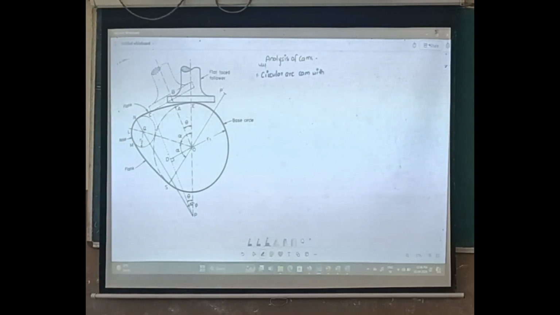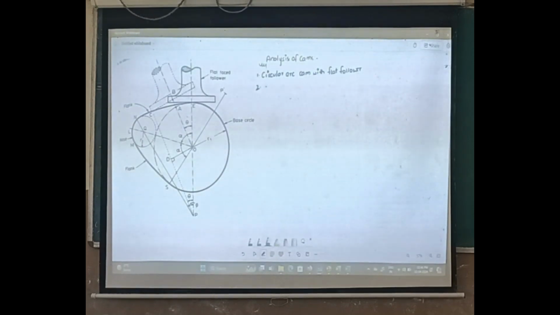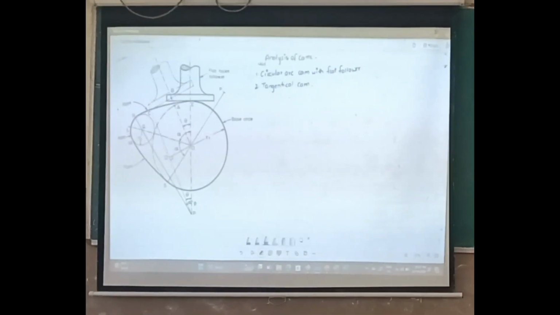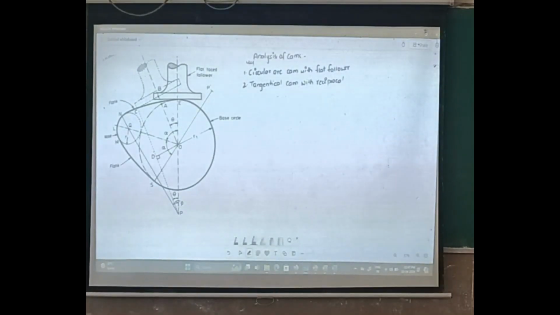The first is the circular arc cam with the flat follower. The second one is the tangential cam with the reciprocating roller follower.